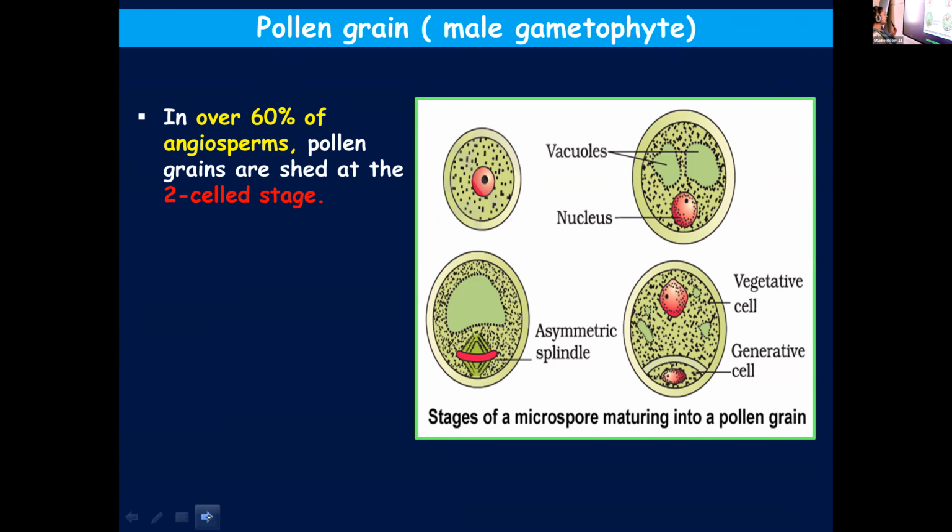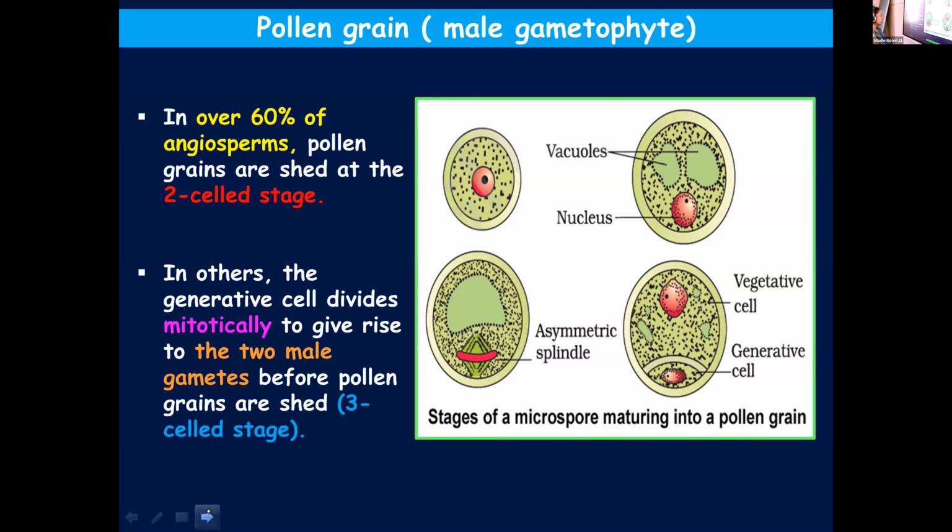Now here we said only about 60%. In the others, the generative cell divides mitotically and forms two male gametes even before the pollen grains are released. So they will be shed at the three-celled stage. How three cells?